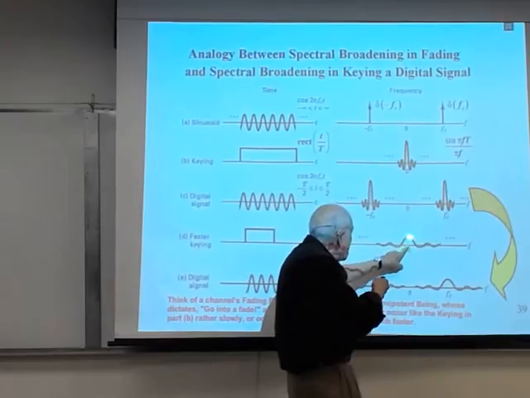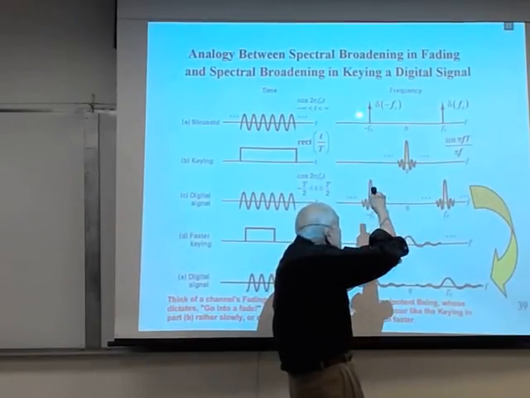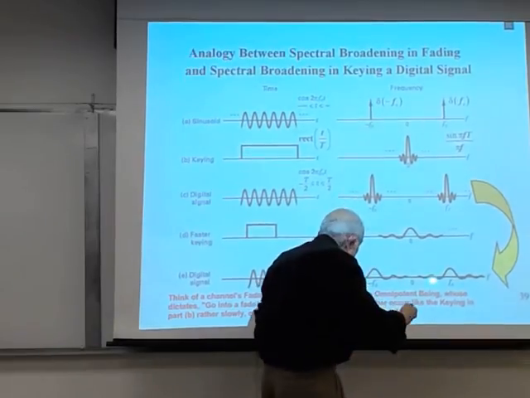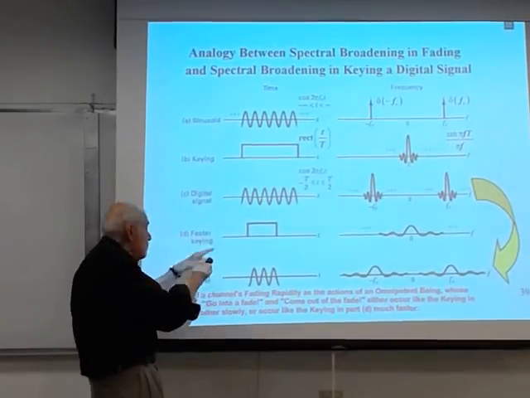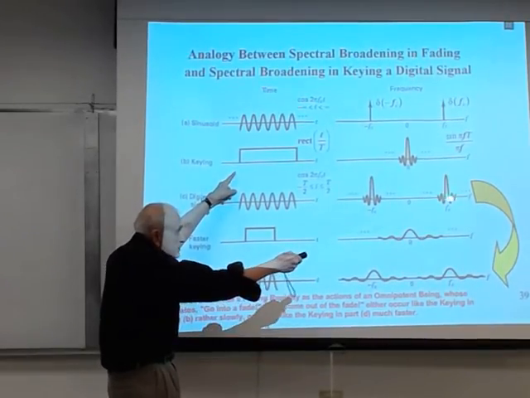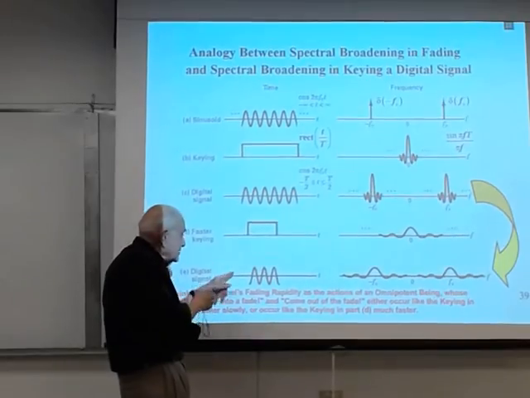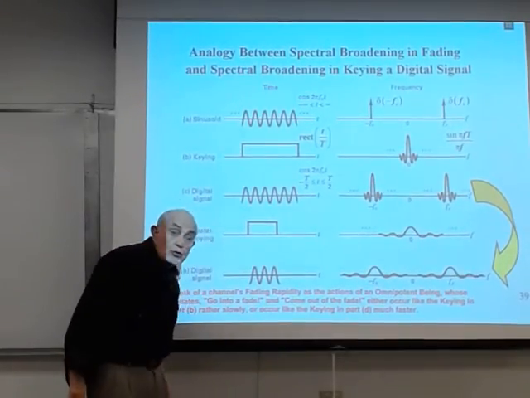If I now again take this wider spectrum and convolve with those impulses, lo and behold, you see that with modest keying, this is what came out. With faster keying, what came out was a broader spectrum.